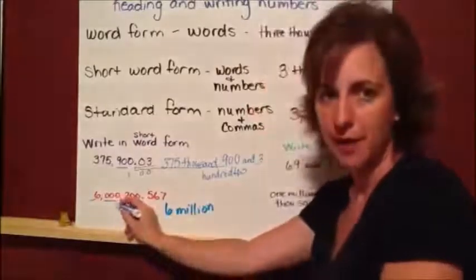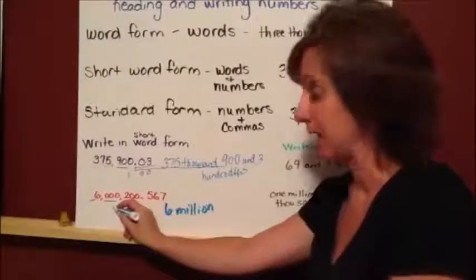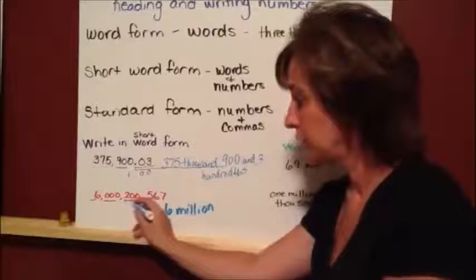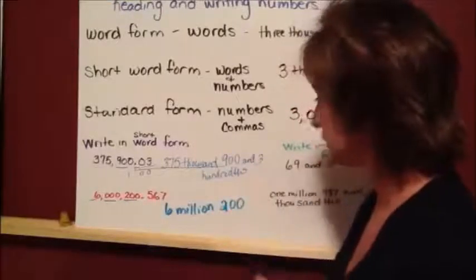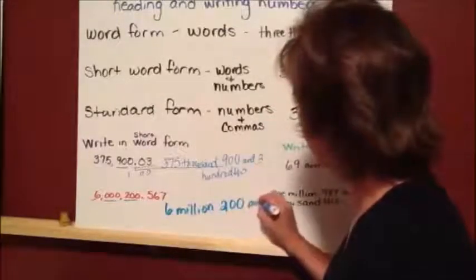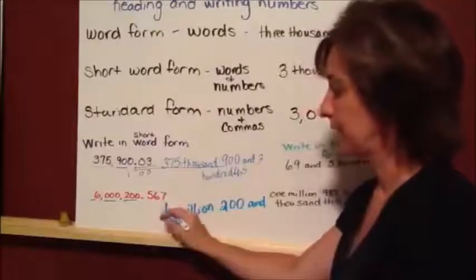There are no thousands. There's no need to write 0 thousands. I can simply skip that period. And this is 200. So this number is 6,200,000 and 567.